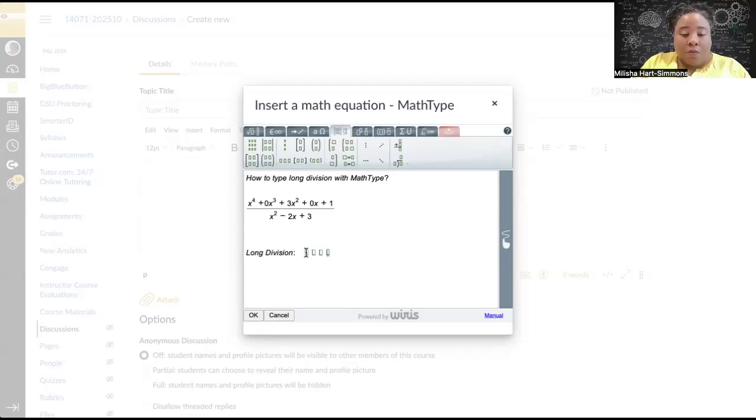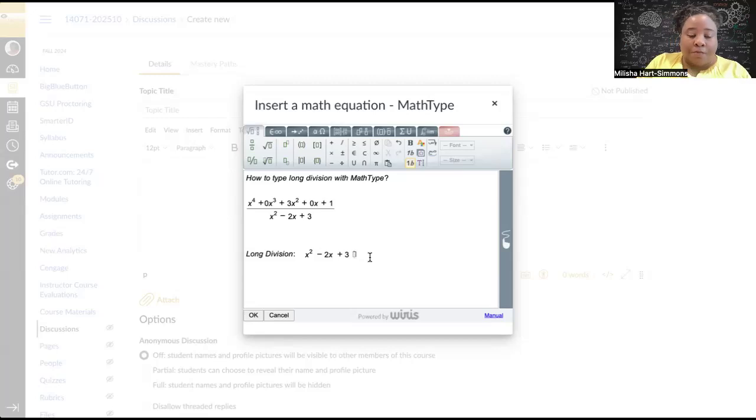So here we can write the x in the first little entry, x raised to the second power. Then we have minus 2x. Then we have plus 3, okay?